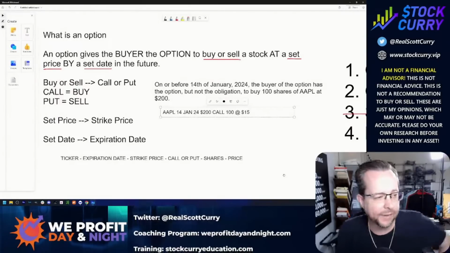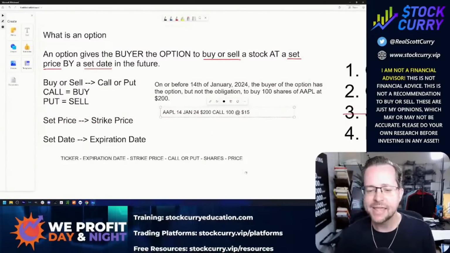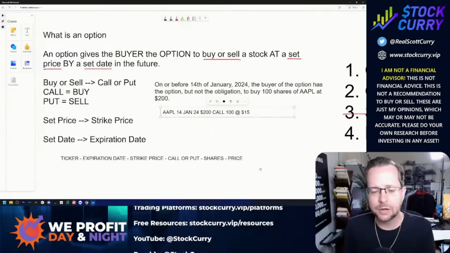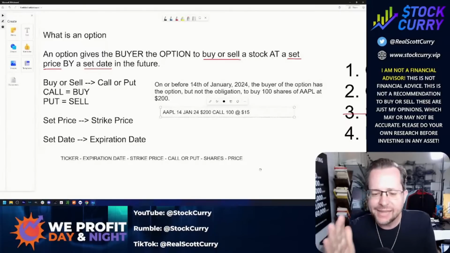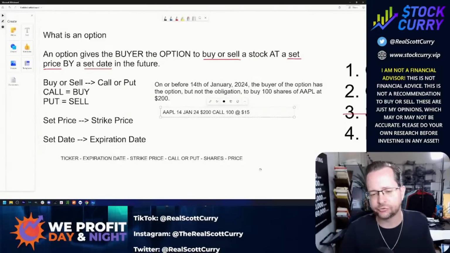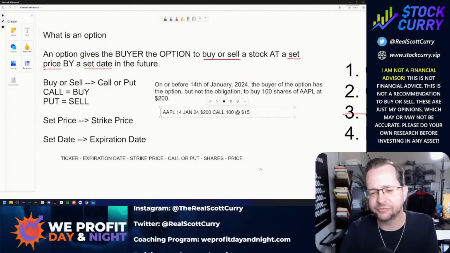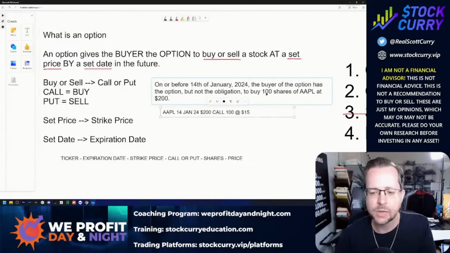Okay, here's why this is so important to understand. Let's talk about what's going to happen on or before the 14th of January, 2024. If Apple is below $200, would the buyer of the option exercise this right to buy the shares?